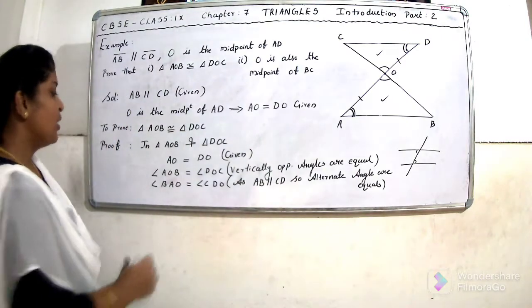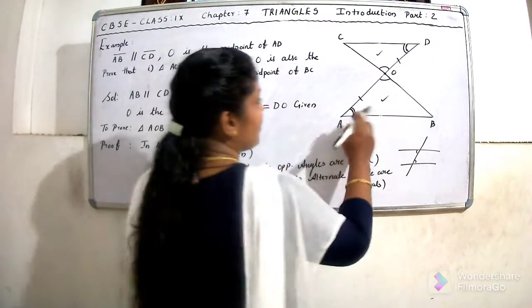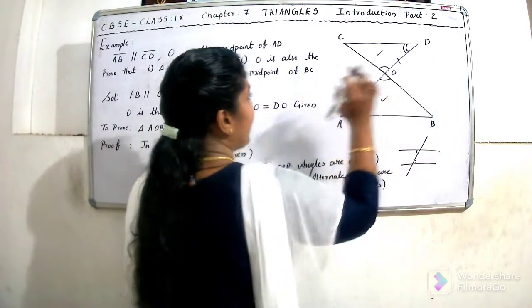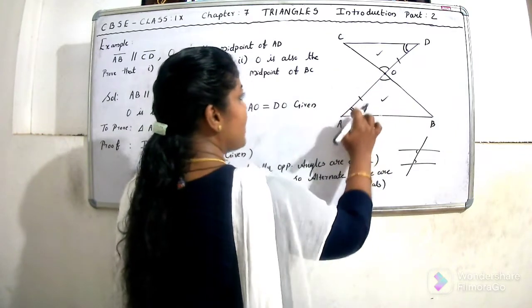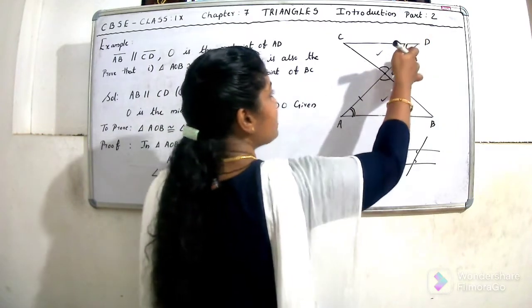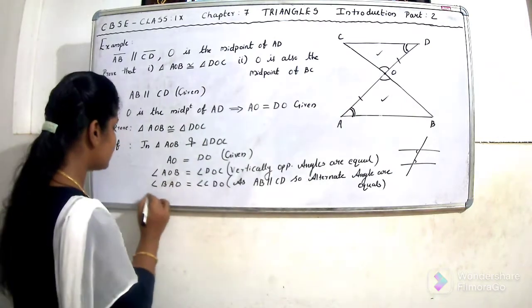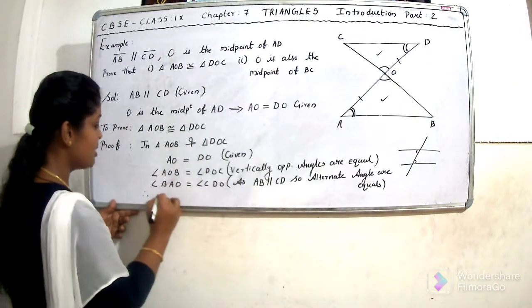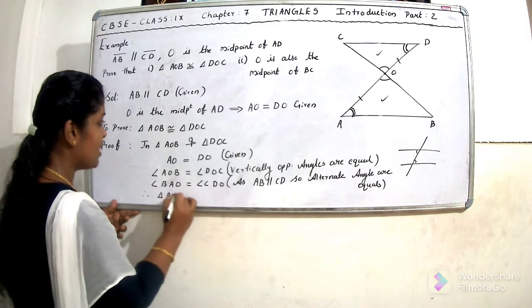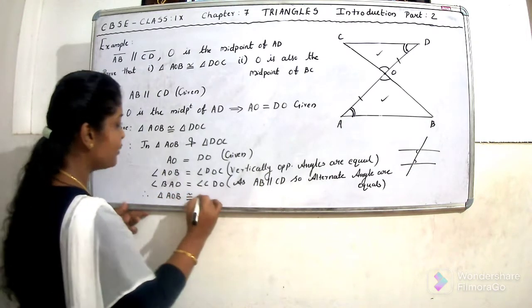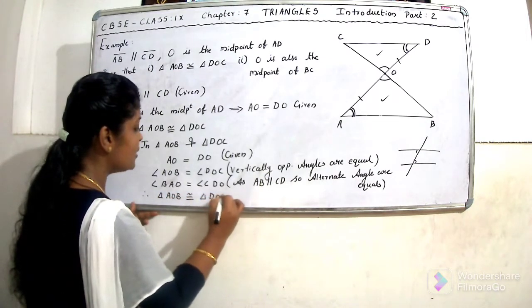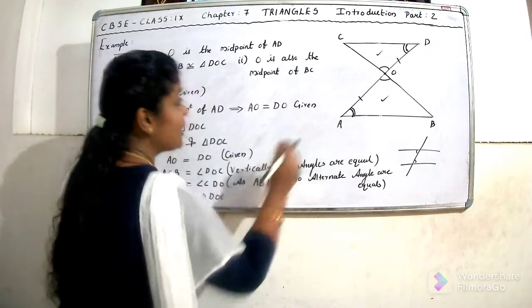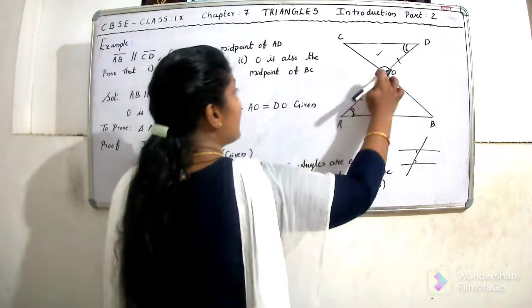Now here we have three conditions: angle, side, angle, angle, side, angle, and here also angle, side, angle. So therefore, we write the same two names again: triangle AOB is congruent to triangle DOC by angle, side, angle criteria.